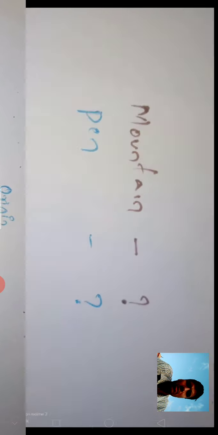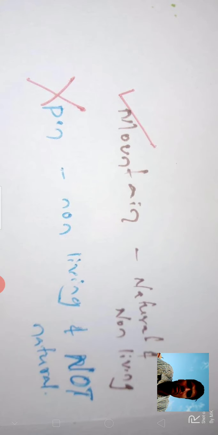Mountain is natural and non-living, so it is abiotic. But pen is non-living, fine, but it's not a natural thing, it's a man-made thing. So it doesn't come under natural resource. So there's a basic difference.